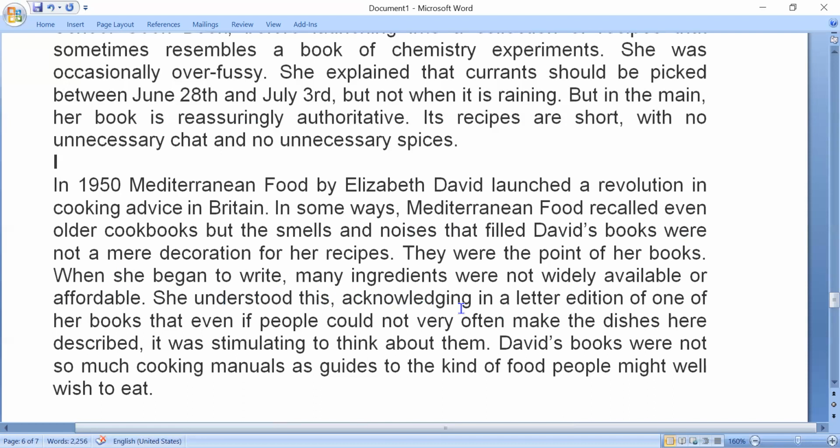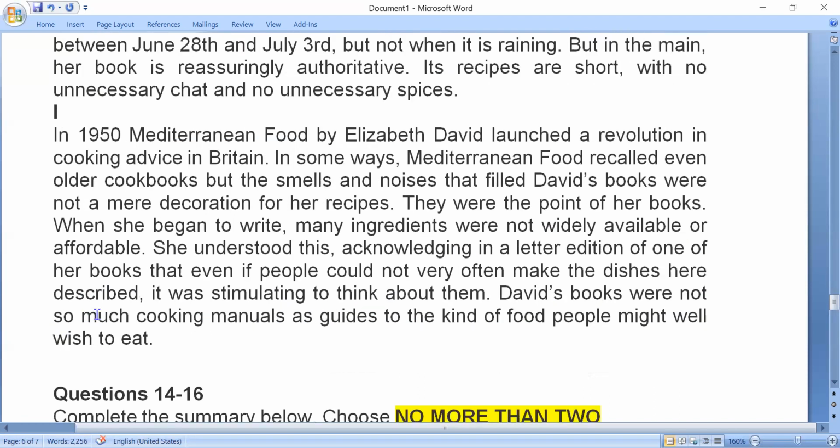She understood this, acknowledging in a later edition of one of her books that even if people could not very often make the dishes described, it was stimulating to think about them. David's books were not so much cooking manuals as guides to the kind of life people might well wish to lead.